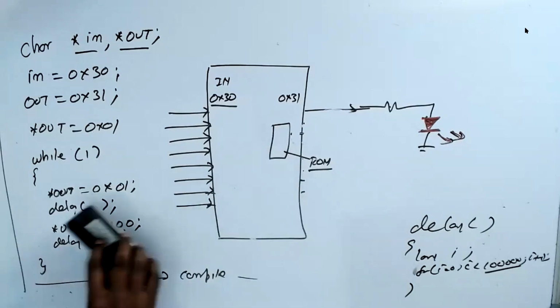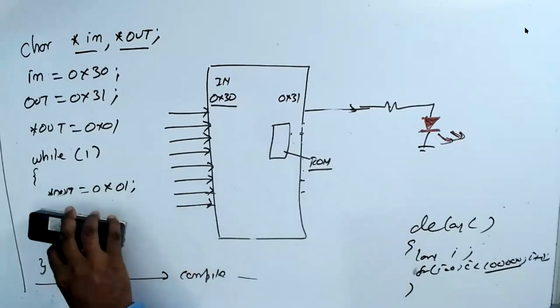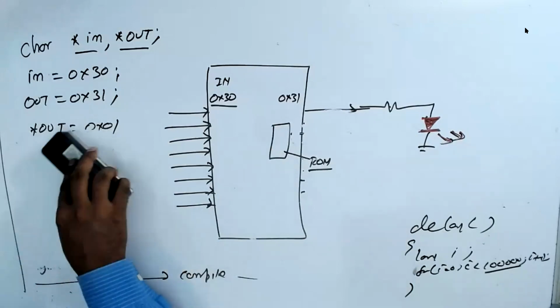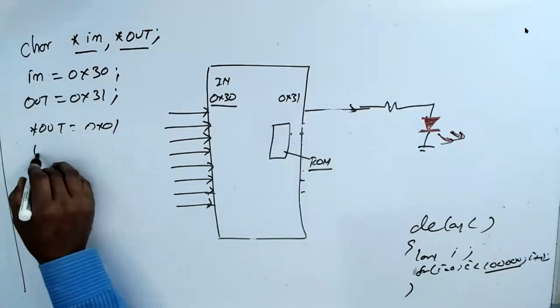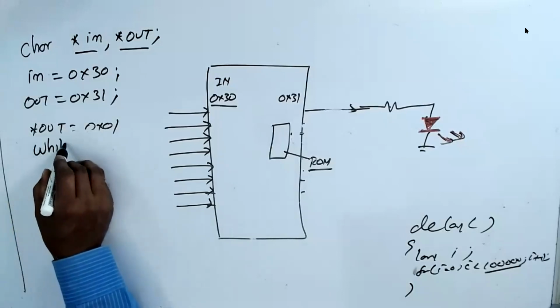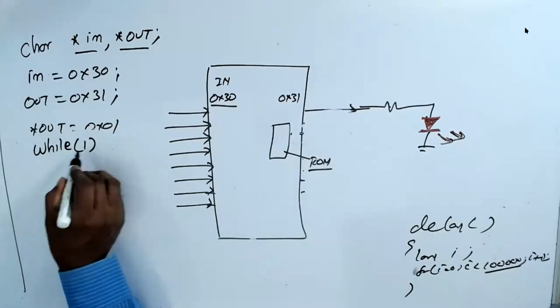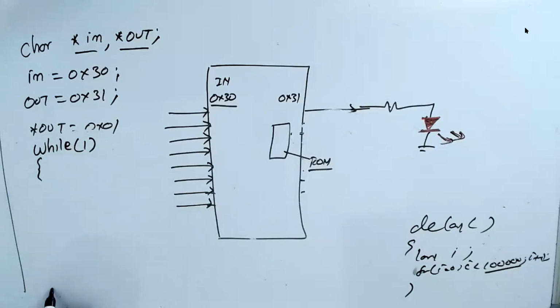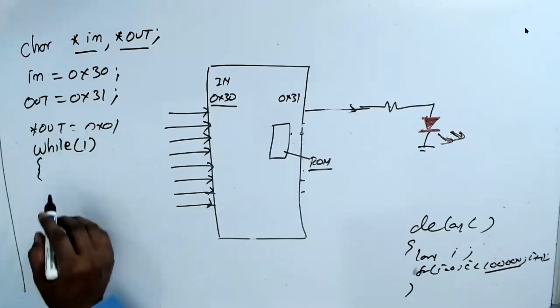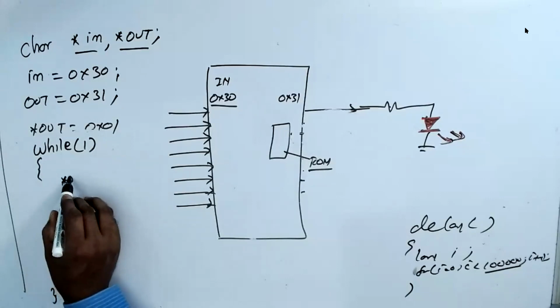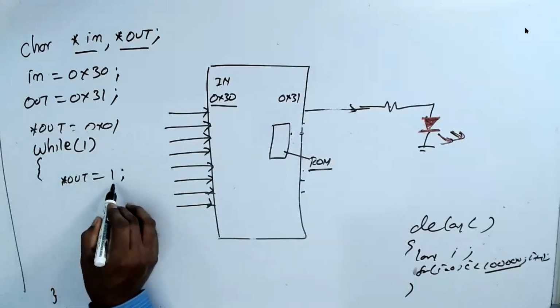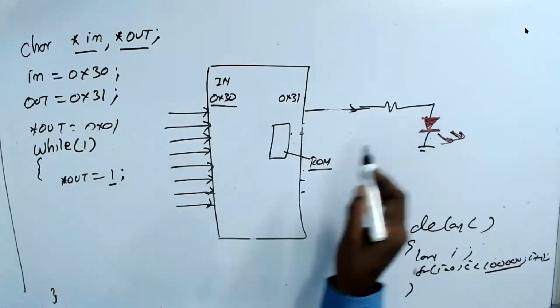Now we modify the program slightly. See here, same program, while 1. I modify the same program. Star out equal to 1, I make it 1, and the LED is on now.